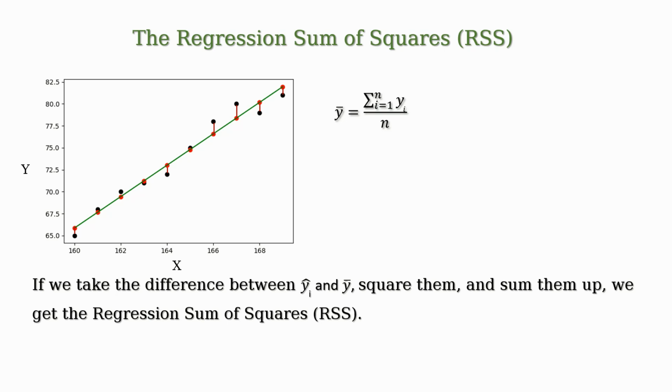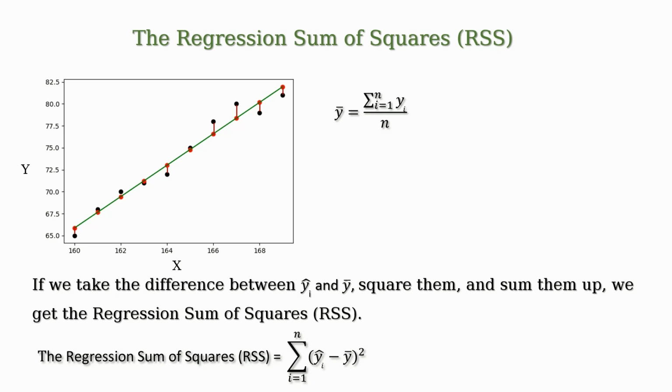In other words, if we are given n points, then the regression sum of squares is equal to summation from i equals 1 to n of (yi hat minus y bar) whole square.